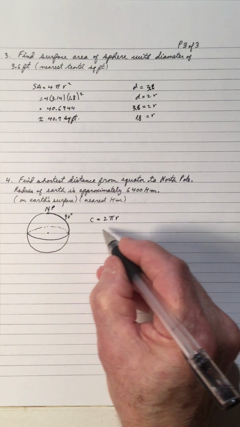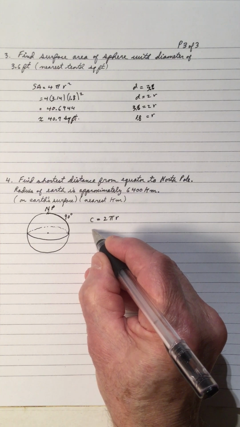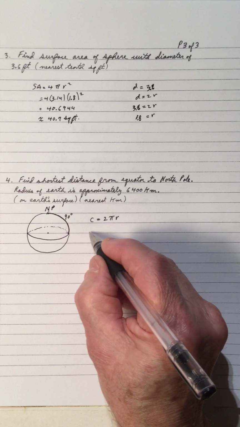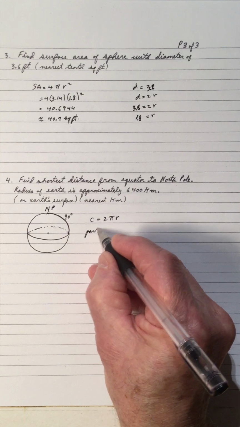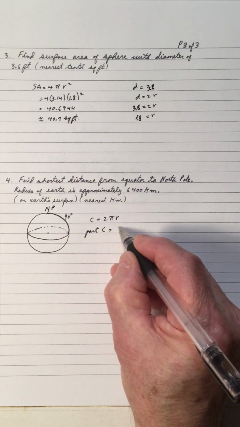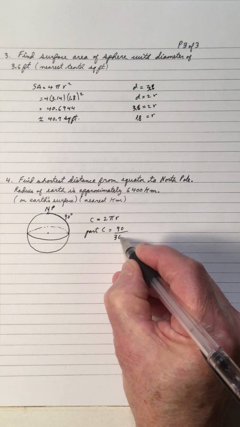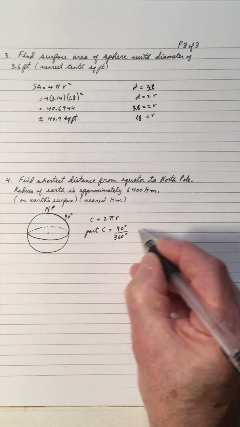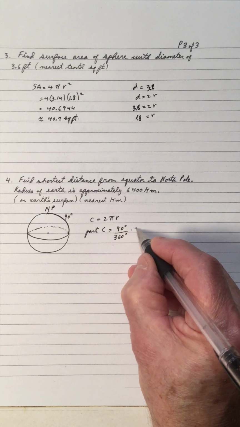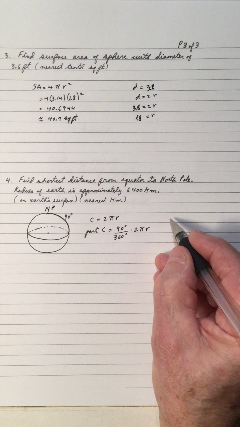But we're only moving 90. So the part we're going to do is a part of the circumference. So the part of C is 90 out of 360 times 2 pi r.